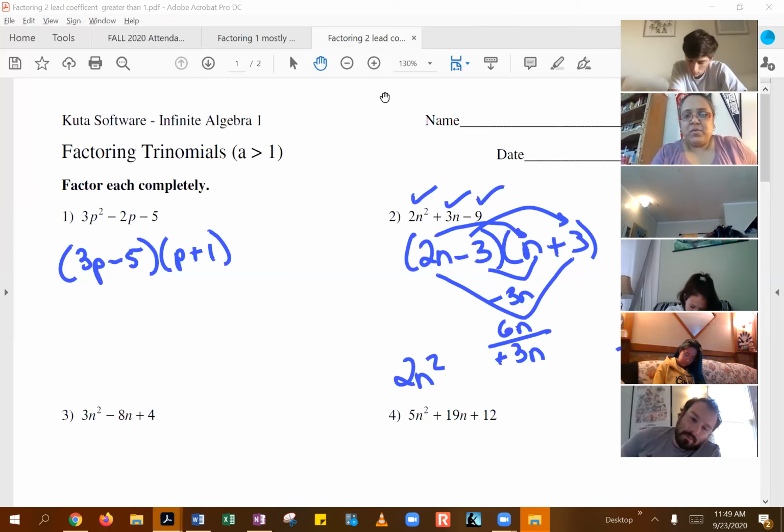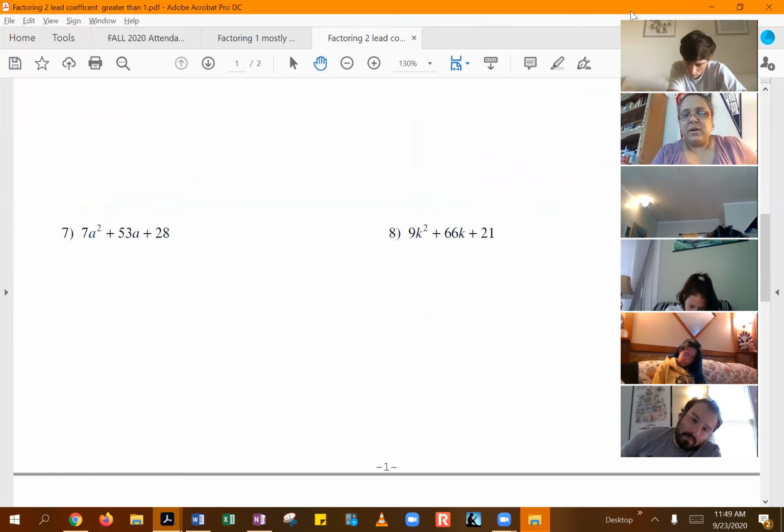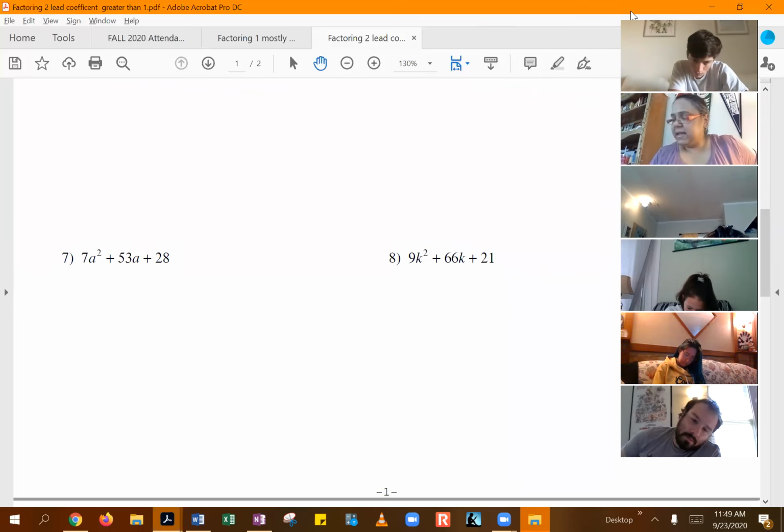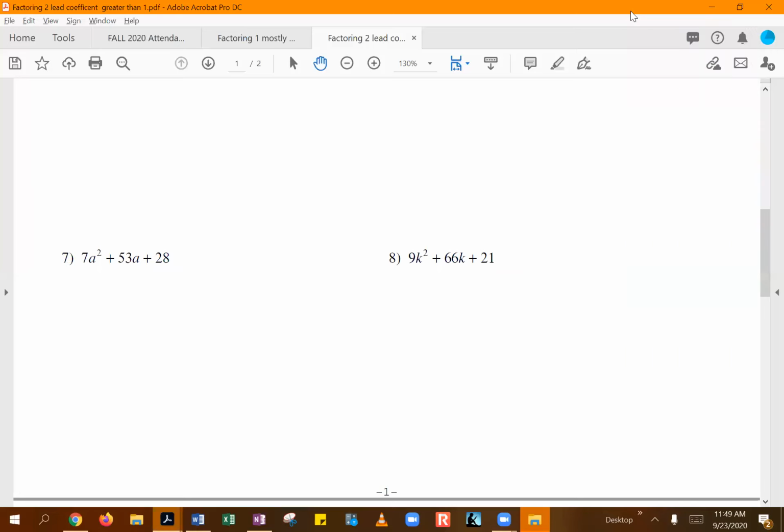I wanted to point one thing out. If you look at number 8 down here, it's giving you 9k squared plus 66k plus 21. This example is actually pretty interesting because it looks like there might be nothing common between the 9, the 66, and the 21. But if you take each of these numbers down, you can break 9 down into 3 times 3, and 21 can break down into 7 times 3.